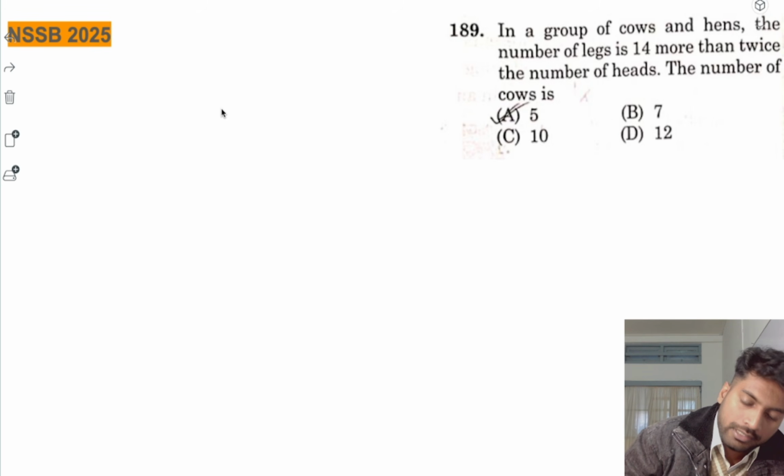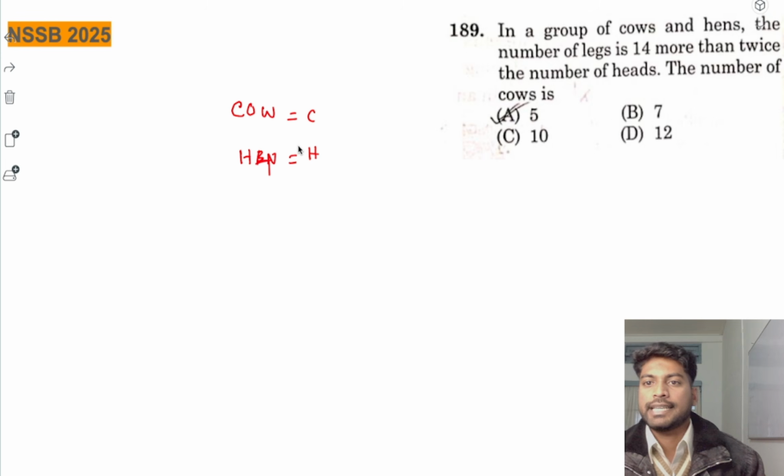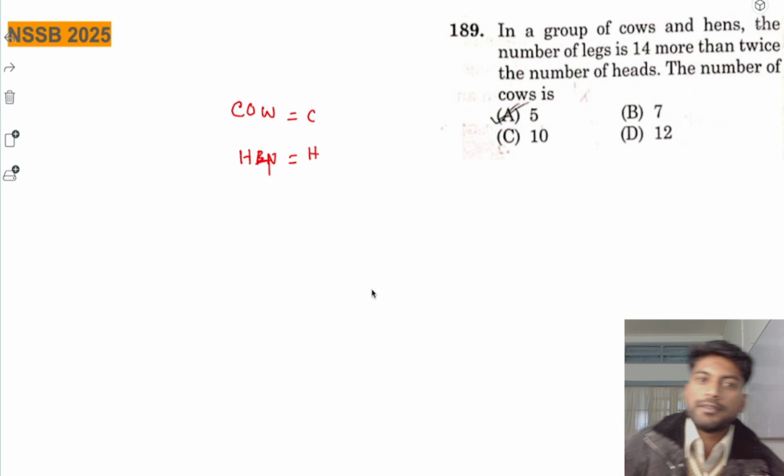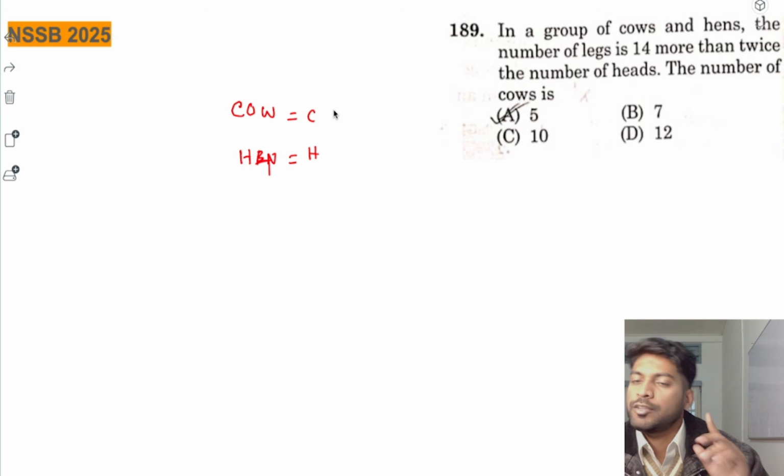Chalo, just assume there are C number of cows and H number of hens. For each cow there will be one head, and for each hen there will be one head.